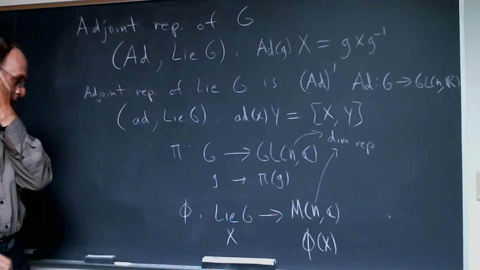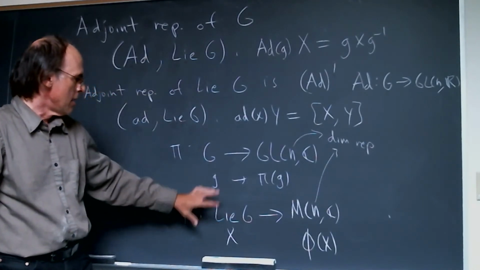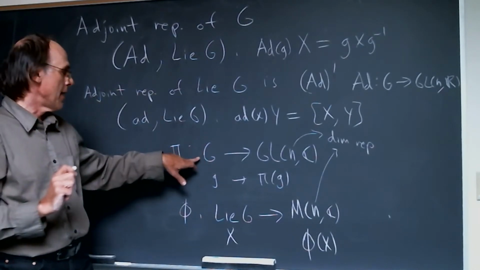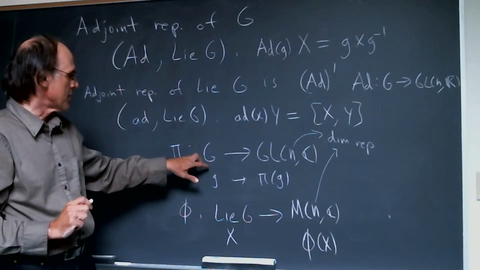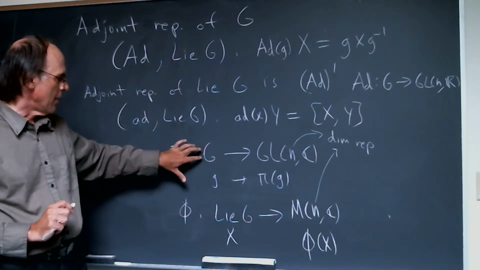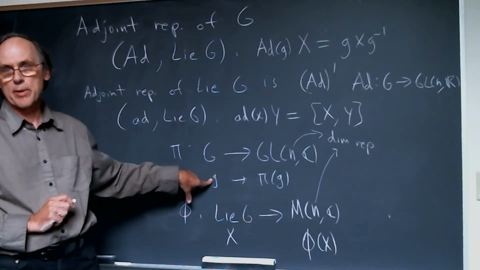I don't know if this helps. If your group is a matrix group, then these guys are going to be matrices, but matrices satisfying some particular condition.